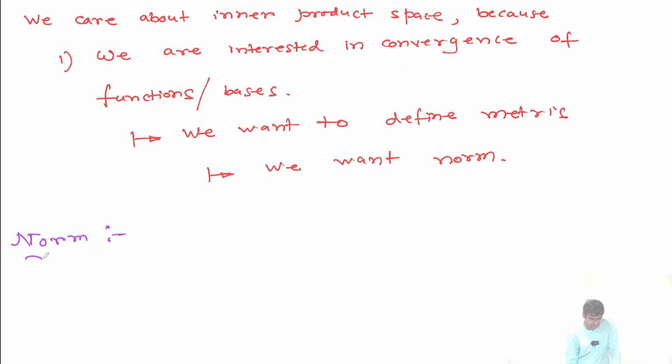So although I am writing norm, you should keep in mind that norm is basically the norm of a square integrable function. Before I write it mathematically, can you tell me what the norm of a function will physically mean?